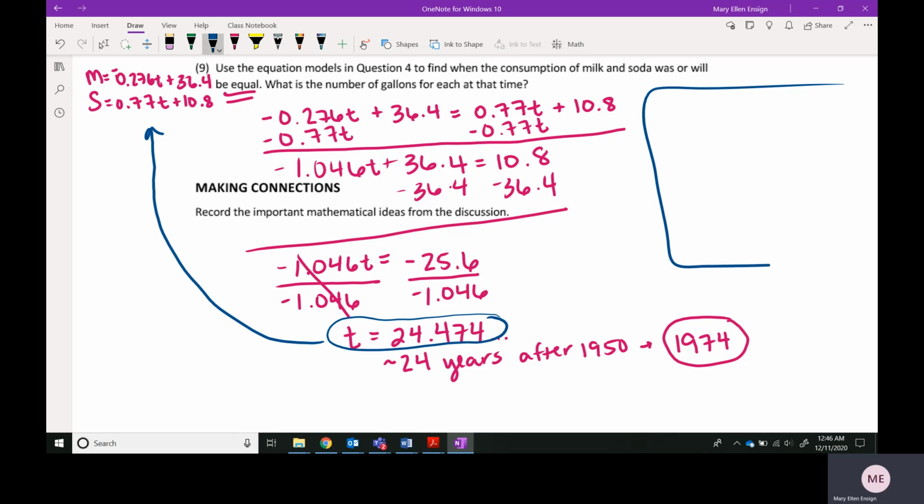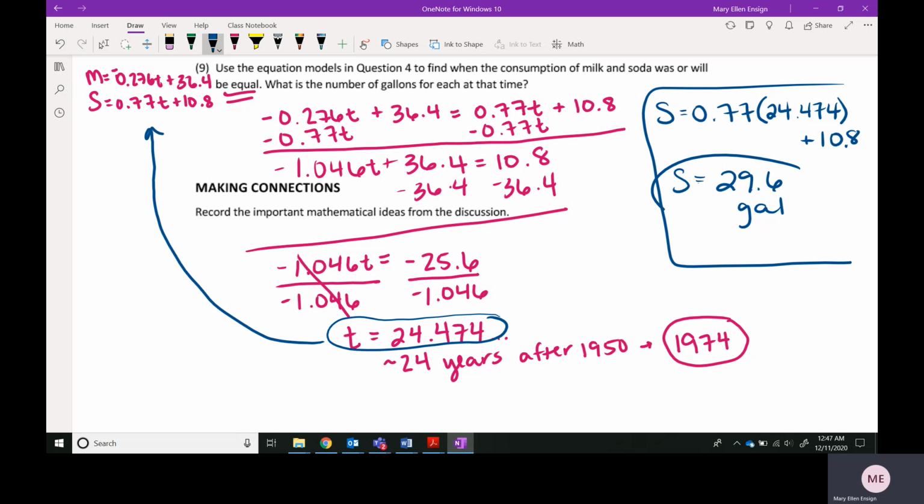So if I just do a little over here, let's just say I'm going to do the soda. So 0.77 times t plus 10.8. So if I take 24.474 times 0.77 and then add 10.8, I get 29.6 gallons.